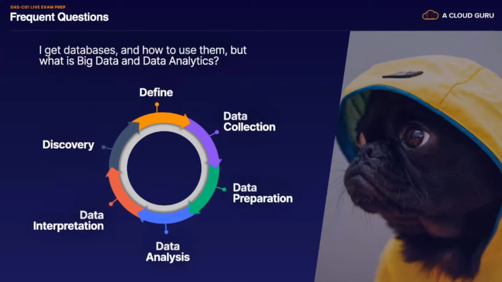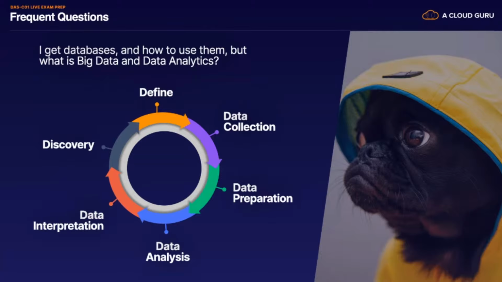And in our Data Analytics Specialty course, we use this mental model to frame the services in AWS that we use for the data analytics process. So we're going to define something that we want to analyze, make a hypothesis. It's a very scientific process. We're then going to collect data in relation to that hypothesis.